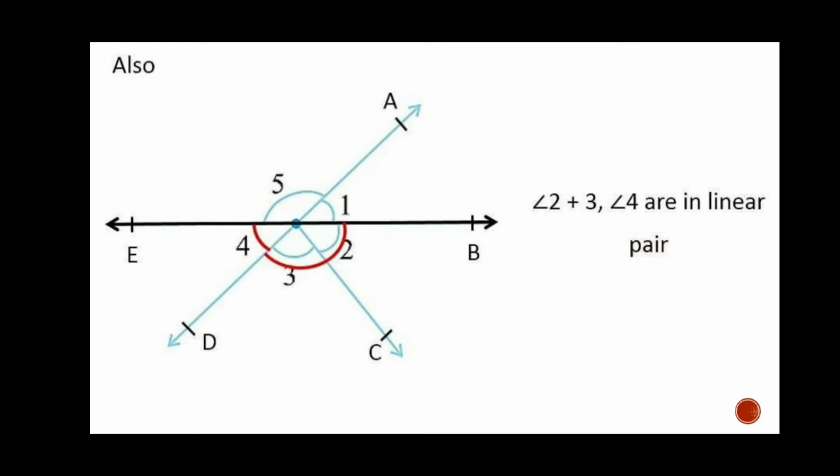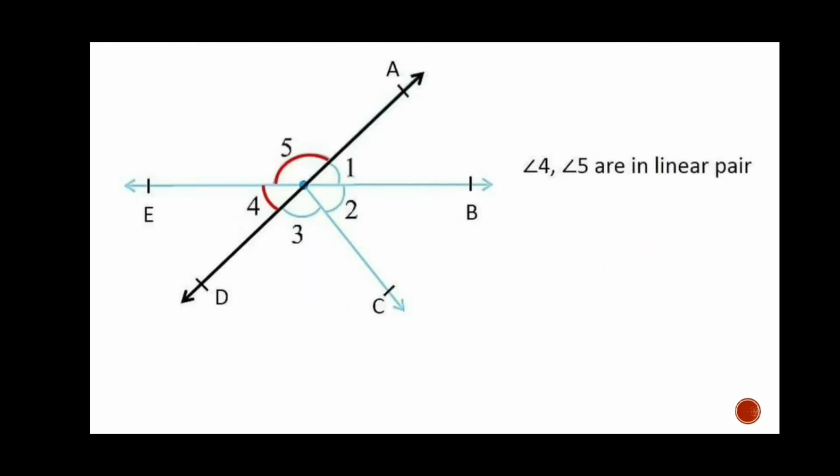So we have angle 4 and angle 5 also making a linear pair. Here this is a straight line, and 4 and 5 are also making a linear pair because they have this common vertex, they have this common side, and their non-common sides are opposite to each other. They are making an angle of 180 degrees also.